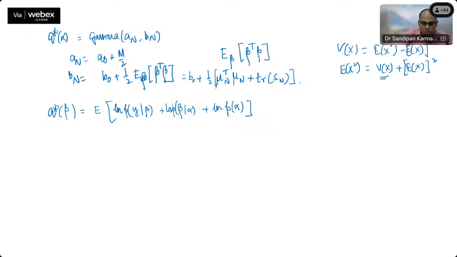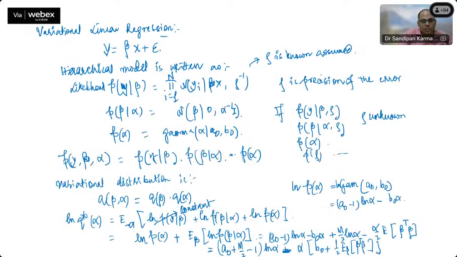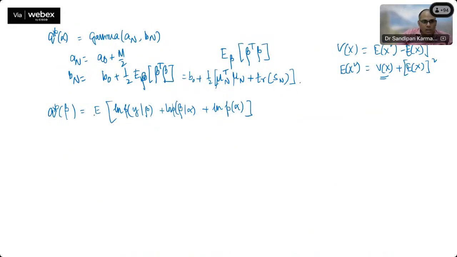So this is the joint distribution, and we always start with the joint distribution. Now this ln P of alpha does not contain beta, so we can ignore it, it is a constant. And the expectation will be with respect to all parameters except beta. Except beta, the parameter here is alpha.